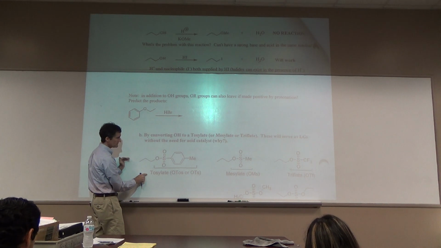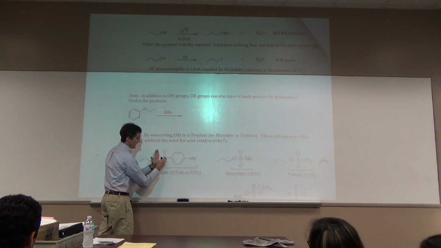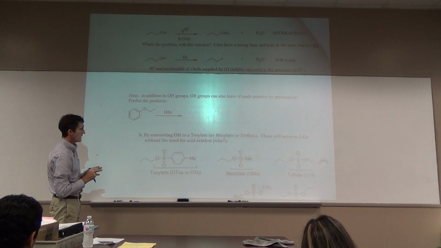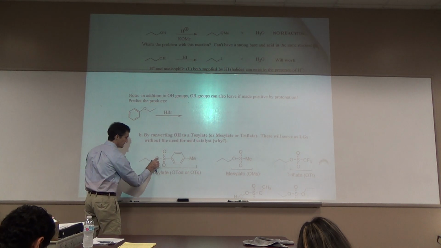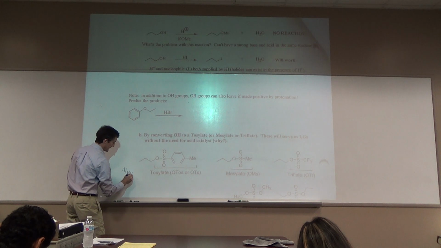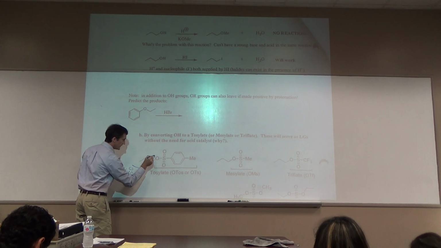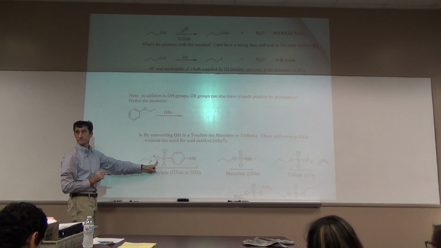Now, this used to be an OH. Basically, we're putting this on the oxygen instead. This is called a tosylate. The tosylate will serve as a leaving group. This oxygen will serve as a leaving group. A nucleophile can attack the carbon and kick off that oxygen without having to protonate it.